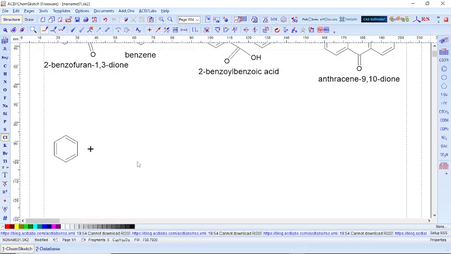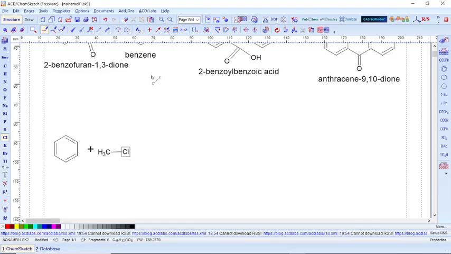Or better, let me say we want to react benzene with, let's do Friedel-Crafts alkylation. So let's pick one of these, and we want to react this. I want to show, this is chlorine.